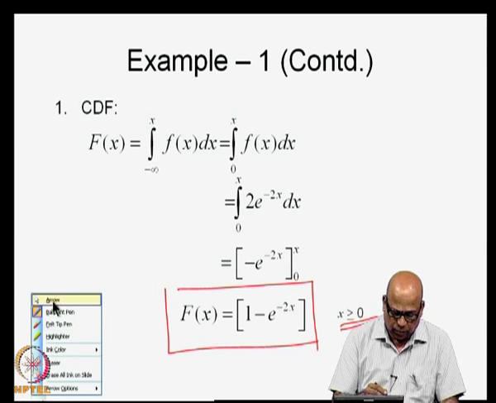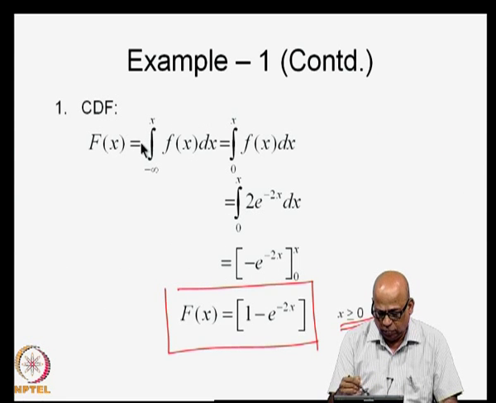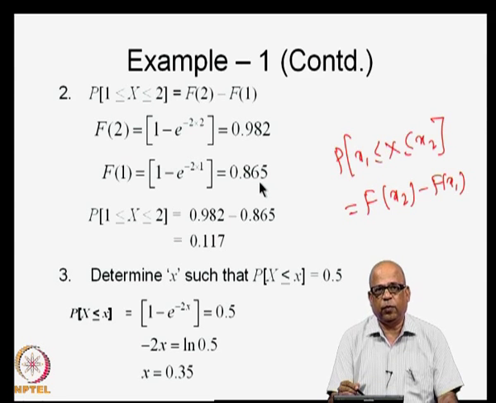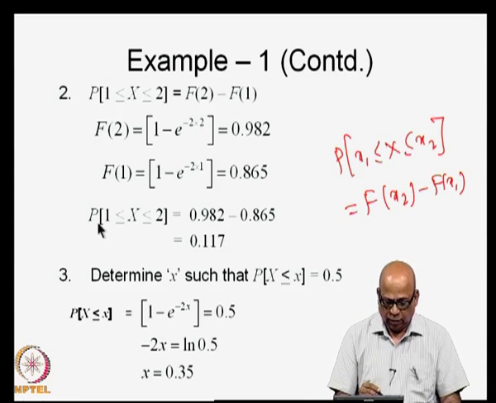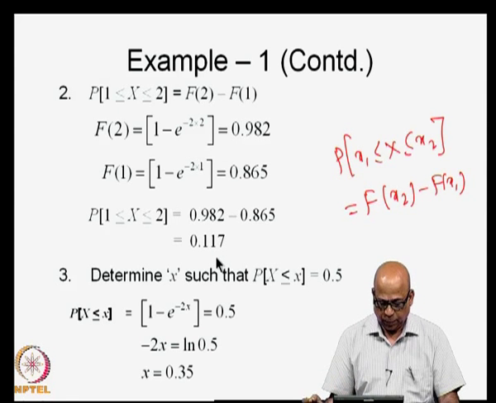So, in that we substitute x2 and x1 values. First we will determine F of 2, which means x is equal to 2 is what we are putting here, and that turns out to be 0.982, and for F of 1 we put x is equal to 1 in this, and that turns out to be 0.865, and therefore, the probability of x taking on values between 1 and 2 is simply F of 2 minus F of 1, which is 0.117.